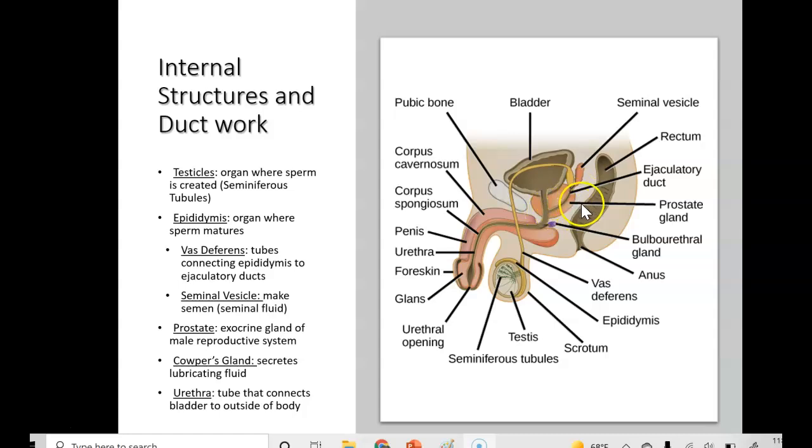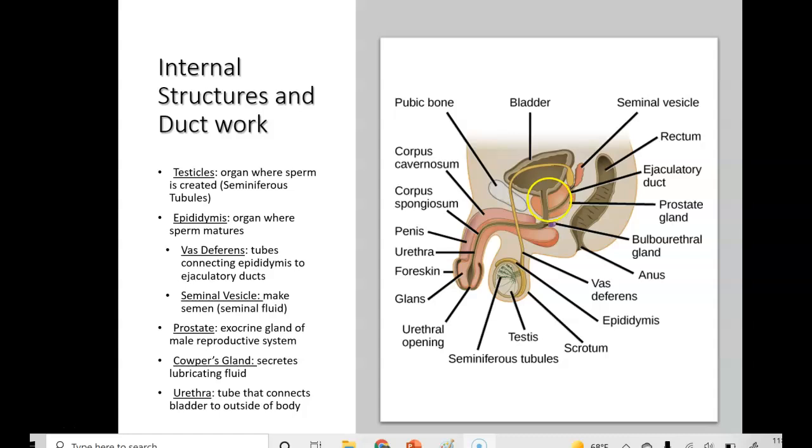And this is a short structure that's going to carry the seminal fluid through the next structure, which is the prostate gland. And you can see that prostate gland that's sitting right here, right underneath the bladder. This prostate gland typically is about the size of a walnut.